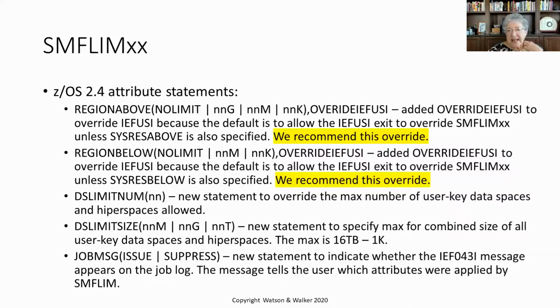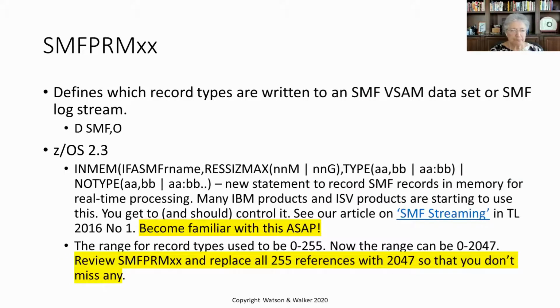So if you say in the parameter override IEFUSI, you can't get away with this, then this member will take precedence. So obviously this is a new parameter, but we recommend you put in this override or you may not know what's happening. That's all on this slide.